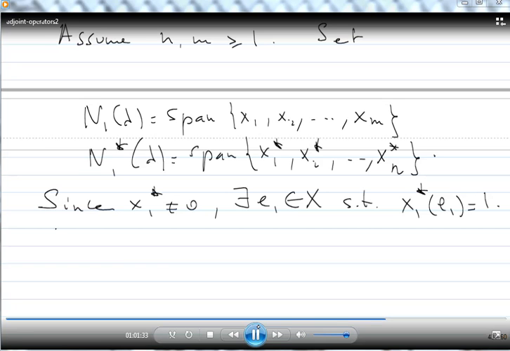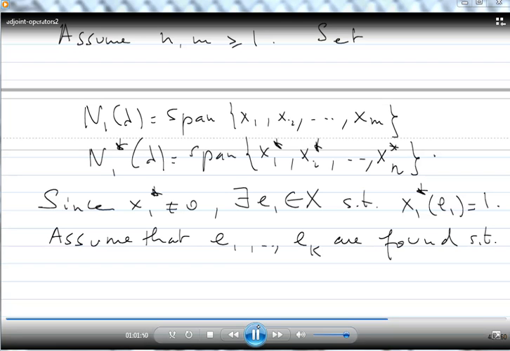Assume that e1, ..., ek are found such that xi star of ej is equal to 0 if i is different from j, and 1 if i is equal to j, and this is for i and j between 1 and k.